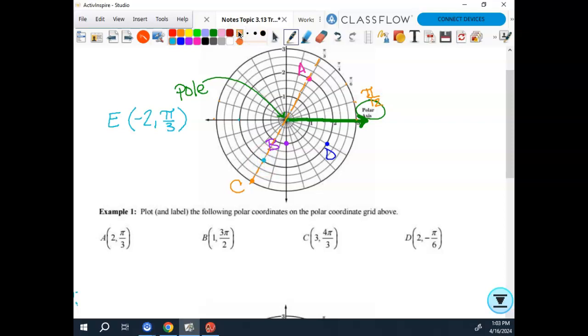So when your radius is negative, not your angle, because we already did that, but when your radius is negative, you can put your pencil on where the positive would be. So if I went to 2, pi thirds, I'd end up right there. But since that's a negative radius, I go through the pole, stay on that same line, and put it on the other side. Okay? What questions you got?